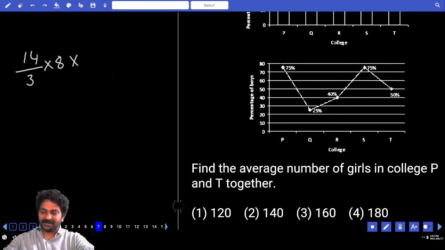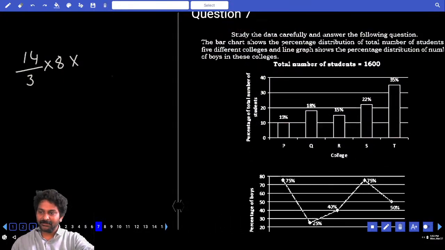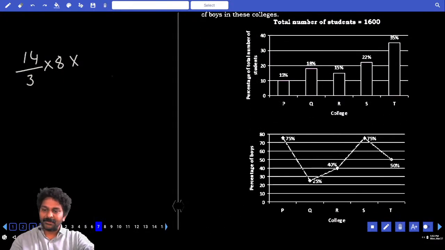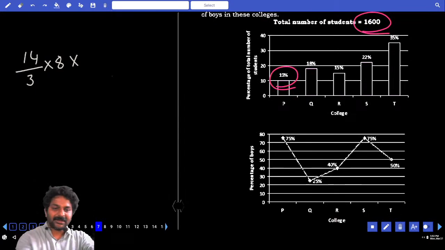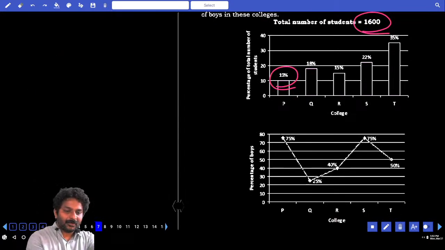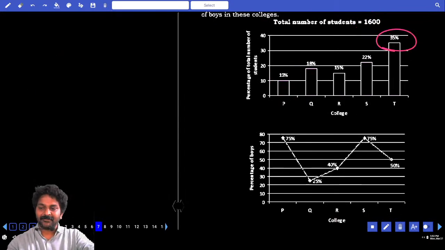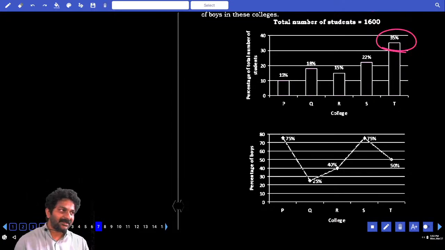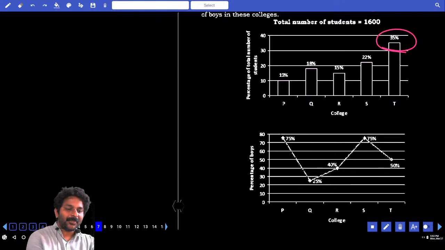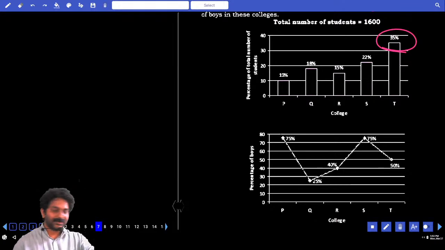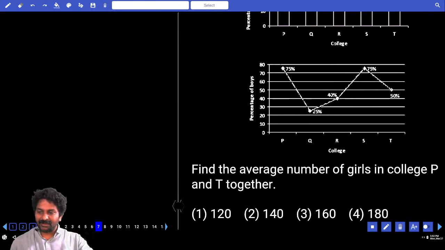Find the average number of girls in colleges P and T together. In P, 10% are students, 10% in the sense 160. In T, how much do you have? 35%. Can I take 25% plus 10%? 25% is 400, 10% is 160, total 560. These are total students. But what is the second piece of information about?